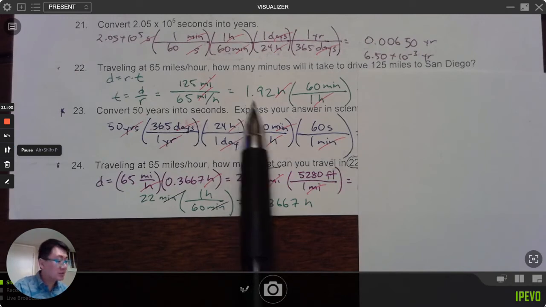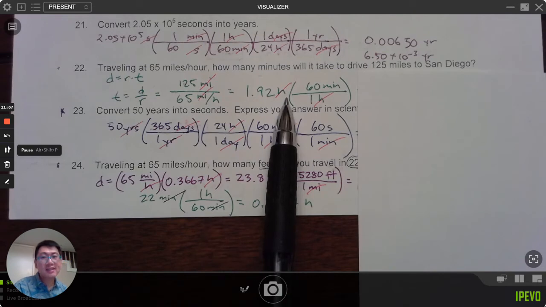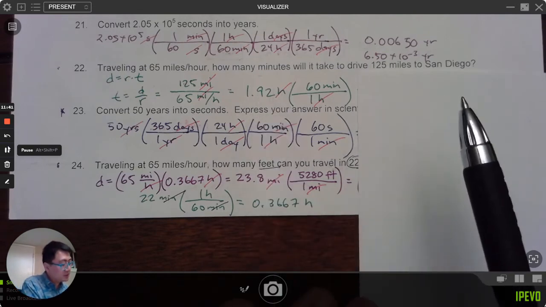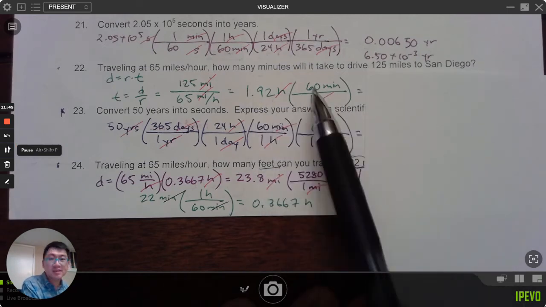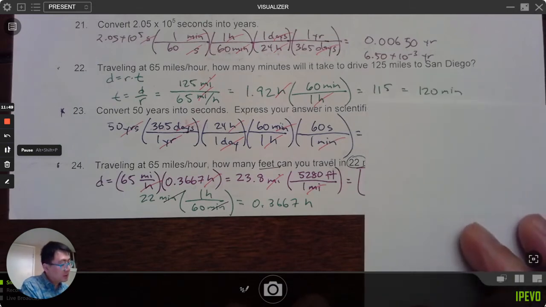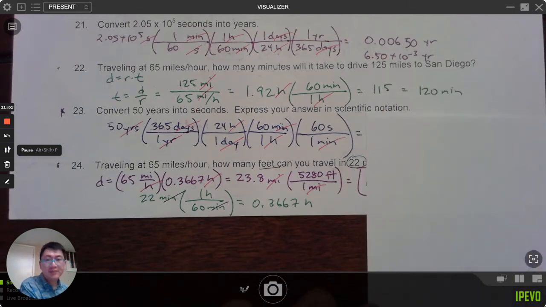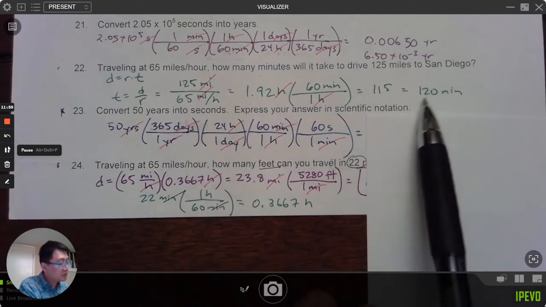But that's hours. You see, the unit left are hours. The question didn't ask how many hours, it asked for how many minutes. Well, that's fine, because I also know that 1 hour is 60 minutes. So it'll be 1.92 times 60, or you get 115. If you want to be technical, two significant figures, because 65, two sig figs.